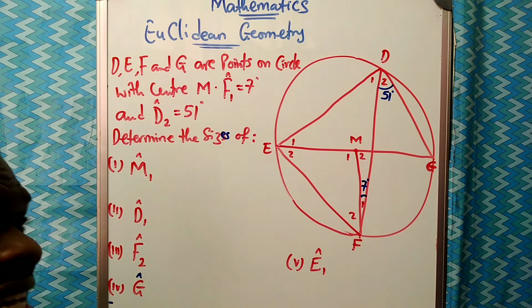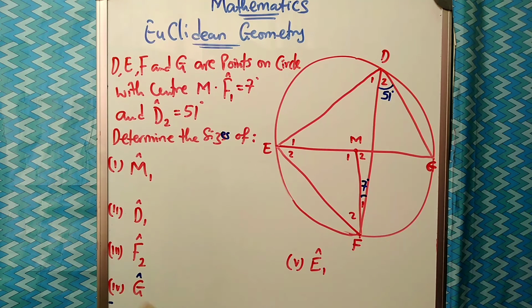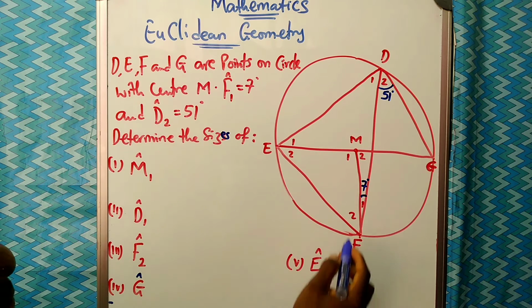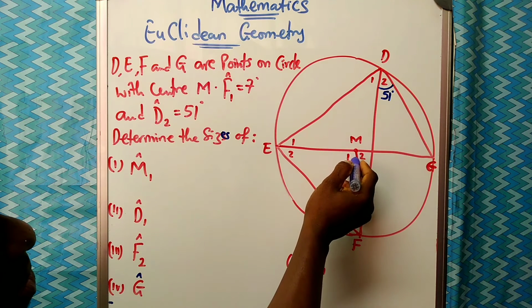Remember, I have told us that anytime we are solving Euclidean geometry questions, always give your reasons for your answers. And your reasons come from the theorems that you have identified when we started. All right, so we're looking for M1, this angle.